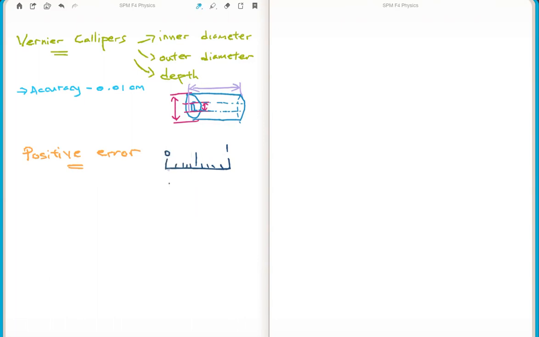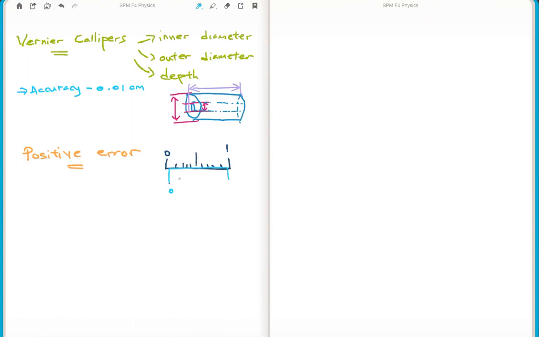Maybe it stops somewhere here. If you try to close it, but it doesn't close well, it starts out with this. So what happened? You have positive error.